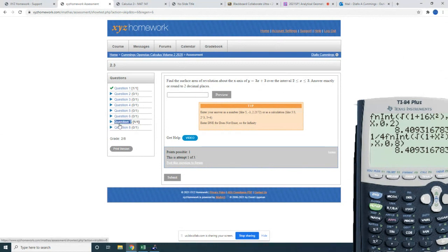I believe problems 6, 7, and 8 deal with surface area. The other problems deal with arc length. So here we're asked to find the surface area of revolution about the x-axis for the function y is equal to 3x plus 3 over the interval from 2 to 3. And we're asked to round the answer to 2 decimal places.